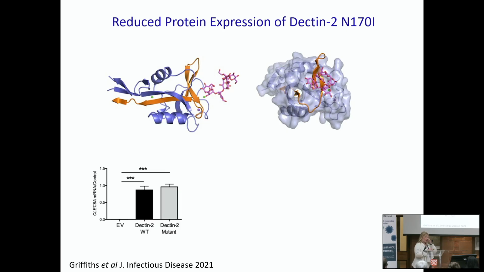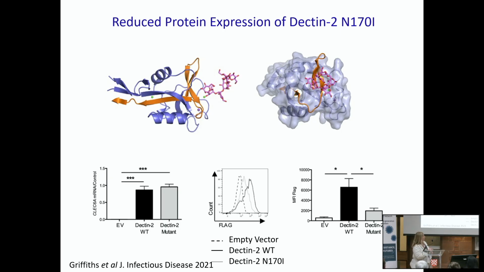And sure enough, when we made constructs and expressed these, RNA levels were the same between the wild type and the mutant, but the protein levels were much less. So the protein level is in gray here, and the wild-type Dectin-2 is in black. So basically, this mutation that we identified led to an unstable protein and didn't bind.